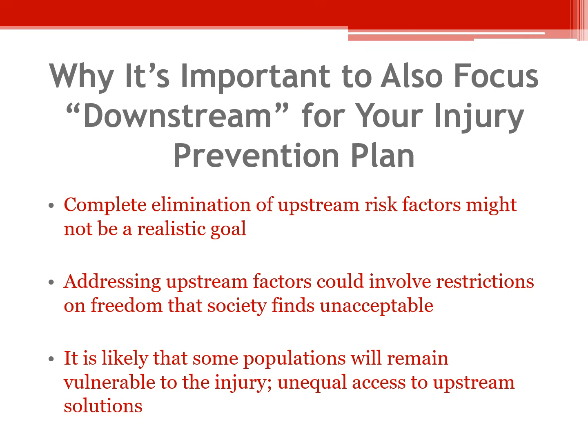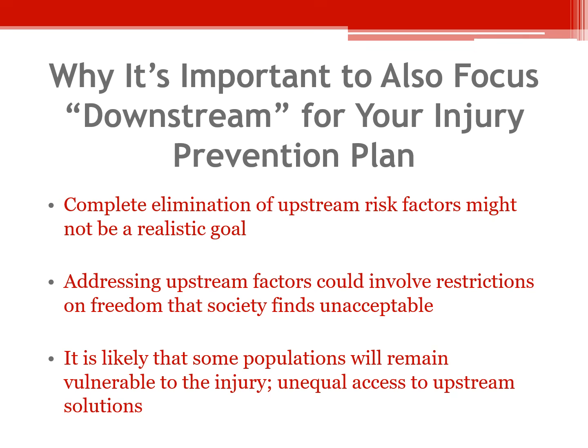And that kind of goes with the next point as well, which is that when we address upstream risk factors, sometimes upstream risk factor involvement means proposing restrictions on freedoms that society currently might not find acceptable. This is the case certainly with a lot of gun control measures, with measures that tend to limit the risky activities that some people find enjoyable, whether it's rock climbing or swimming or boating or things like that.